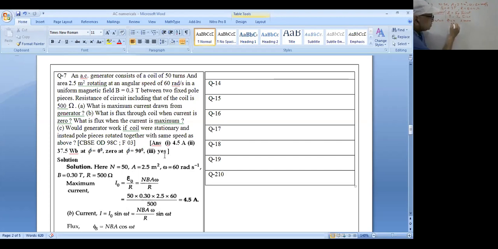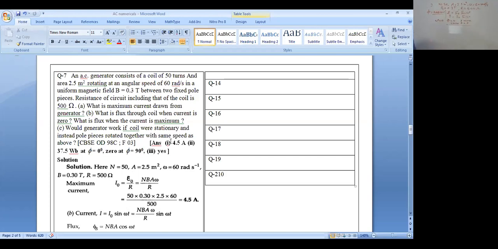If flux is 0, current and voltage are maximum. Because of the phase difference of 90 degree, if flux is maximum, current and voltage are minimum, and if current and voltage are maximum, flux is minimum. Just reverse, because of the cos function and sin function.